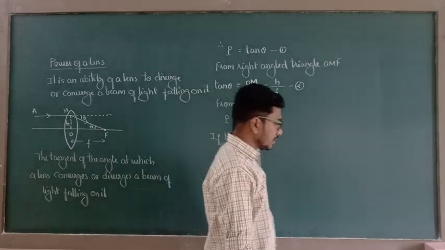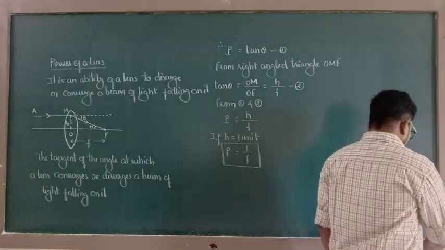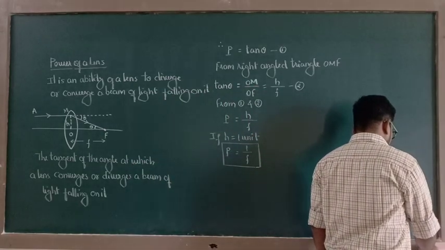Power of the lens is inversely proportional to focal length of the given lens.